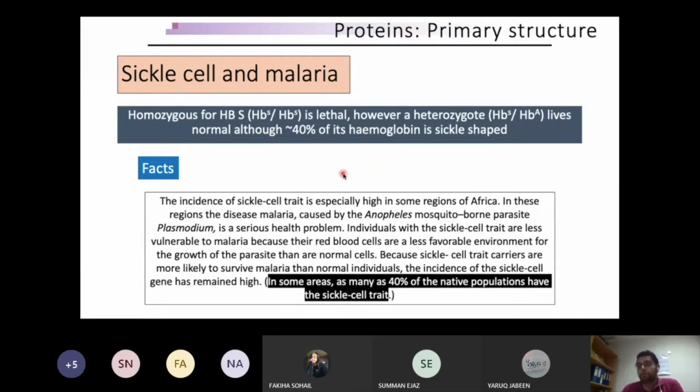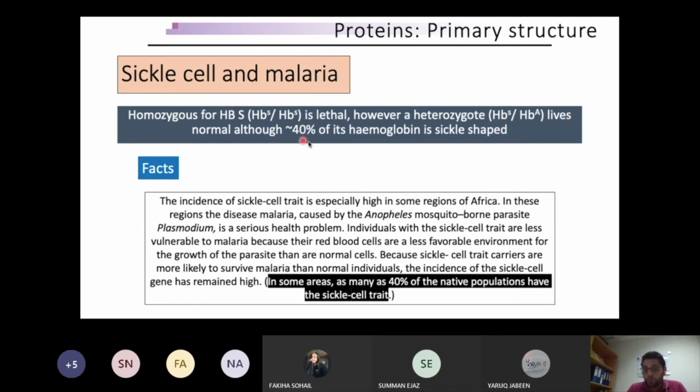If an organism is homozygous for this, it's lethal, maybe soon after birth, or during childhood. But if an organism is not homozygous for this trait, rather he is heterozygous, just like this one, so one allele is normal and another one is the sickle cell allele, he will live a normal lifespan.